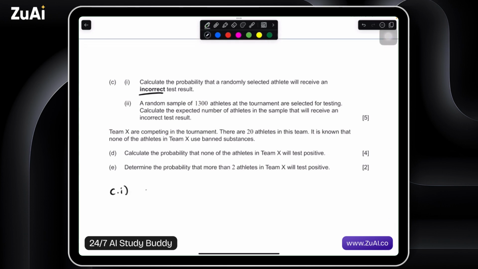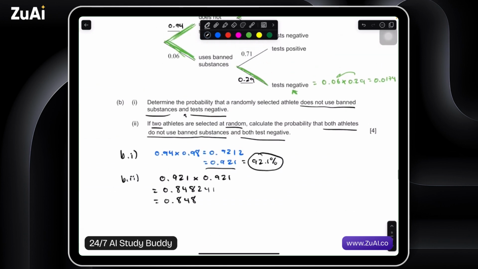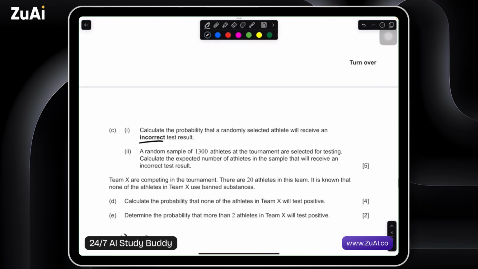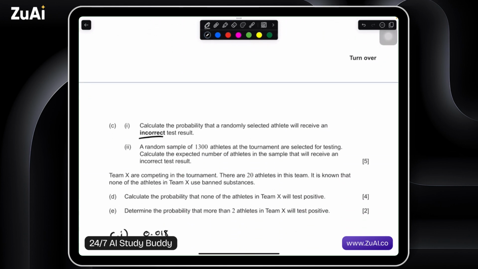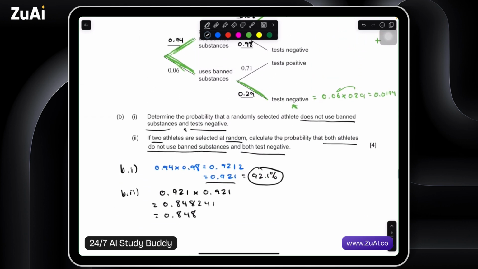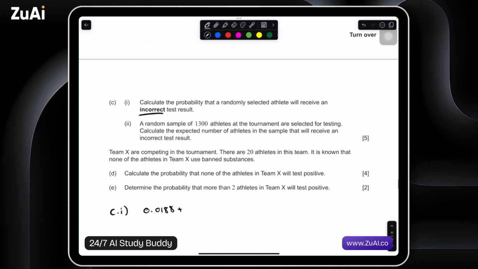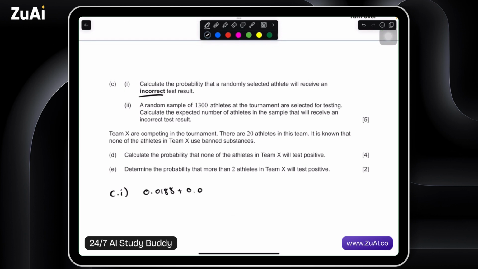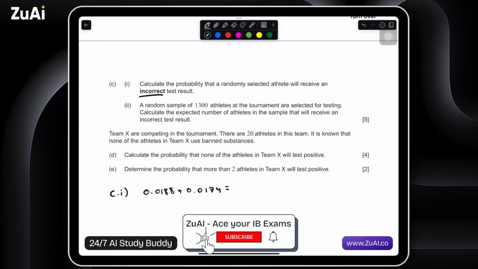So that would be 0.0188 plus 0.0174. This would be the total number of people that take part in these tests and receive an incorrect result.